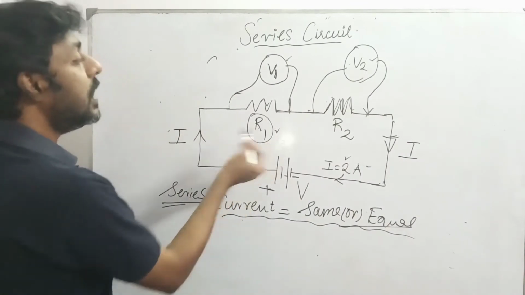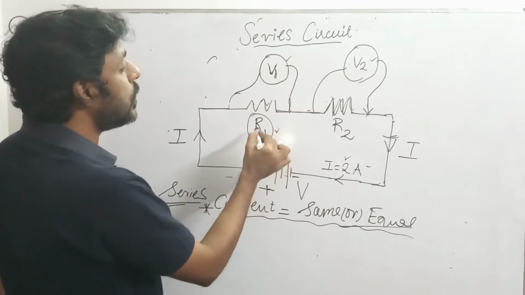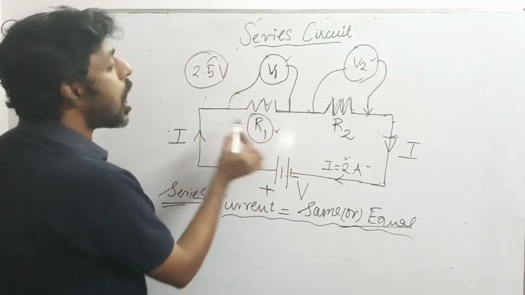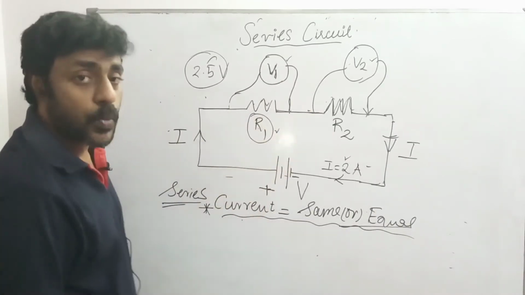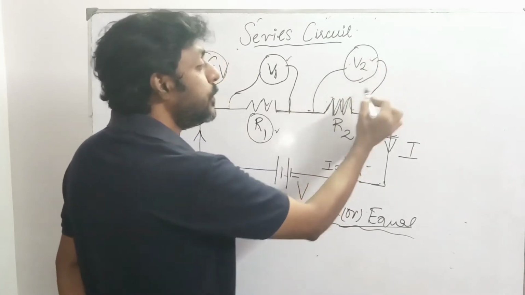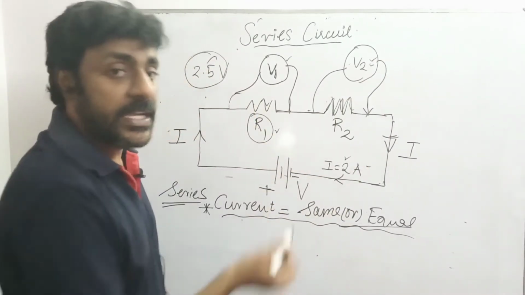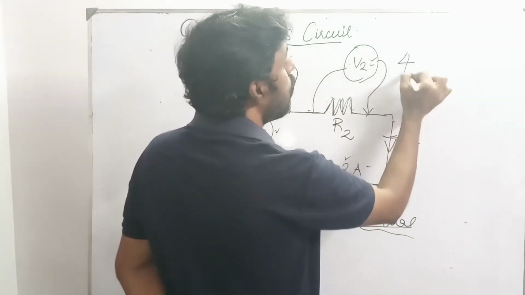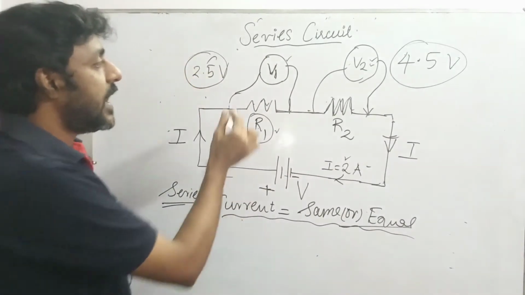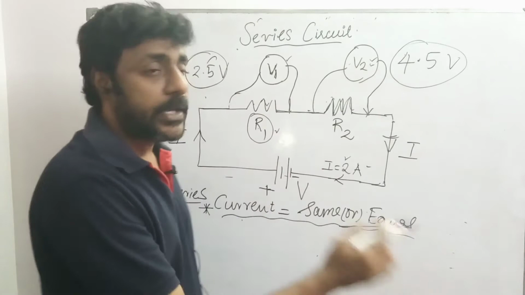For example, let us assume the voltmeter shows a reading of 2.5 volts when it is connected across the resistance R1. And if you connect another voltmeter across R2, the voltmeter does not show 2.5 volts. Instead, it will show 4.5 volts. So why I am saying is the value of the voltage in a series circuit will not be same, it will be different.